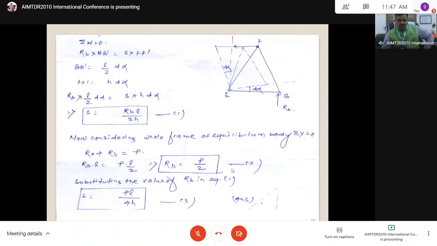Similarly, Ra is also equal to P by 2. Then substituting these in the first equation, Rb is P by 2, so S is P by 4 into L by h. So this is how we will consider the different problems.